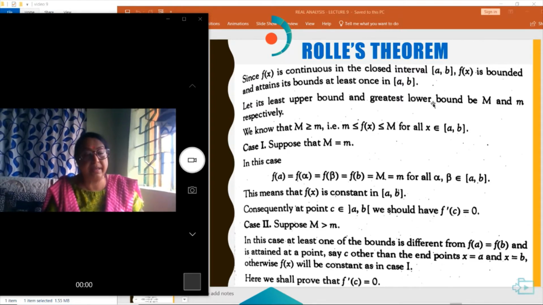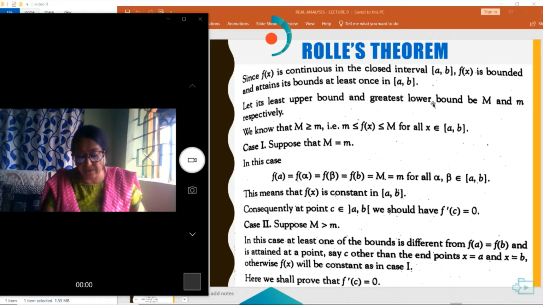We know that capital M is greater than or equal to small m. That is, f(x) lies between small m and capital M for every x belonging to the interval [a,b].